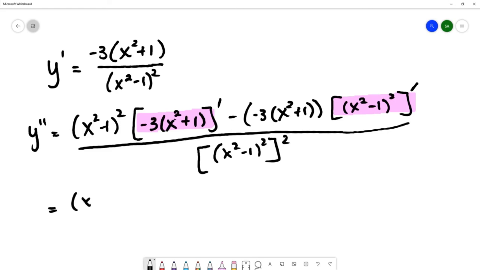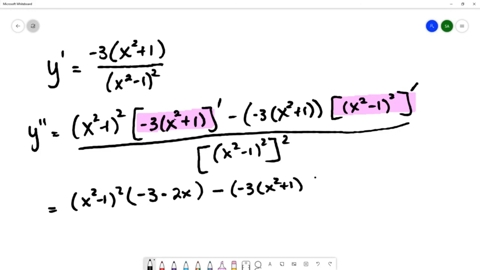And that gives (x squared minus 1) squared times that negative 3, which is a constant multiple, so I'll carry that down and calculate the derivative inside the parentheses. So the derivative of x squared is 2x, and the derivative of 1 is 0. And then I'll calculate the derivative of (x squared minus 1) squared, and I need to use the chain rule.